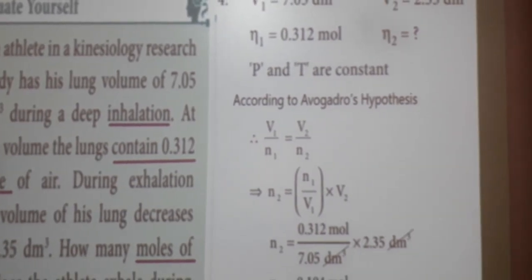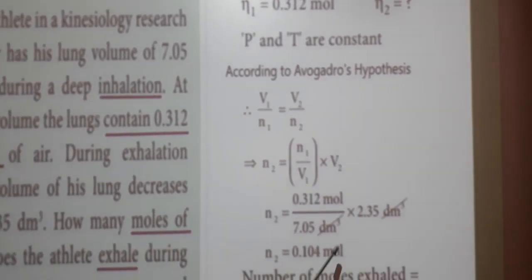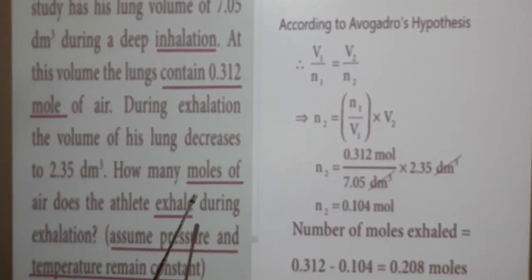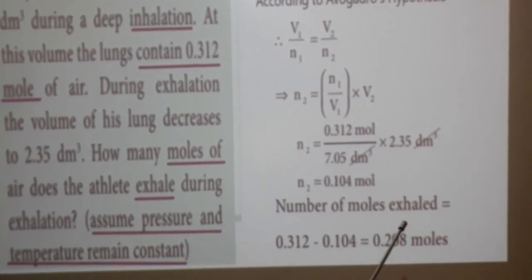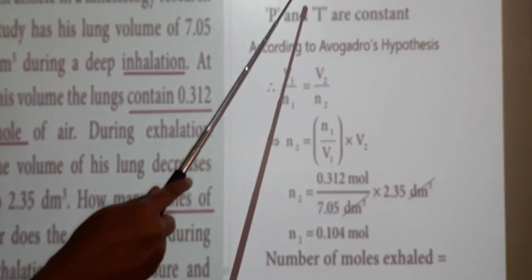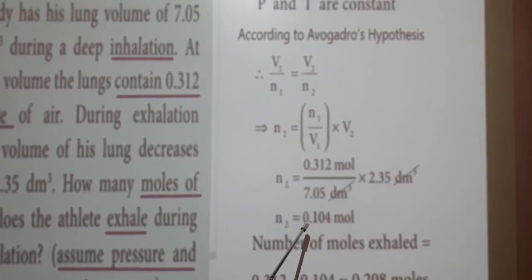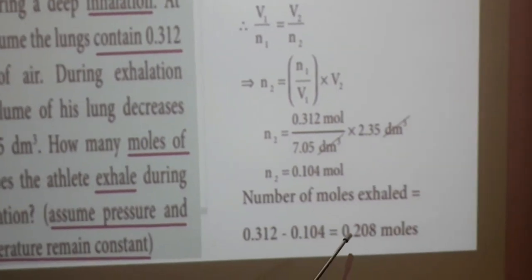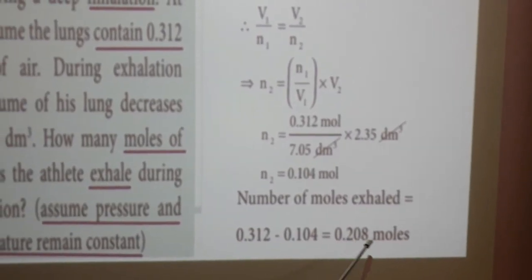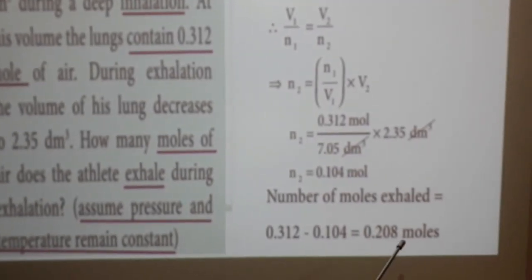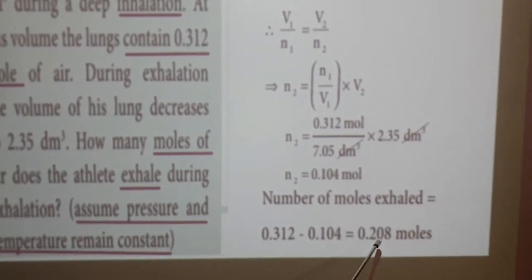We get the N2 value 0.14 mole. But the question is, how many moles are exhaled? So we subtract: 0.312 moles minus 0.14, and we get 0.208 moles. The number of moles of air exhaled is 0.208 moles.